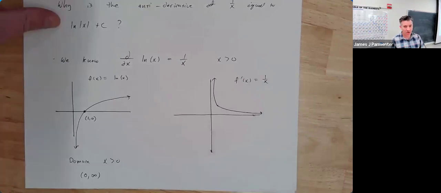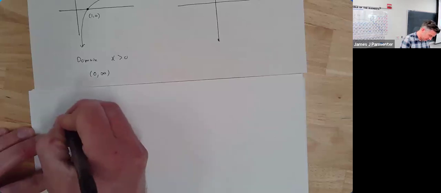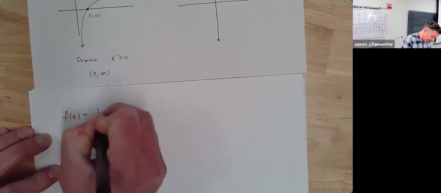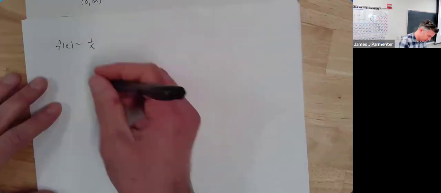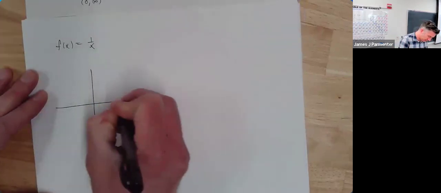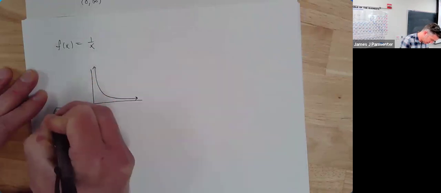Okay, but now, if our starting place is f of x equals 1 over x, the natural domain for that function is everything except 0. So this function, f of x equals 1 over x, looks like this.